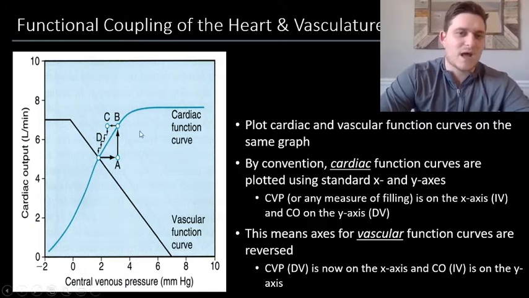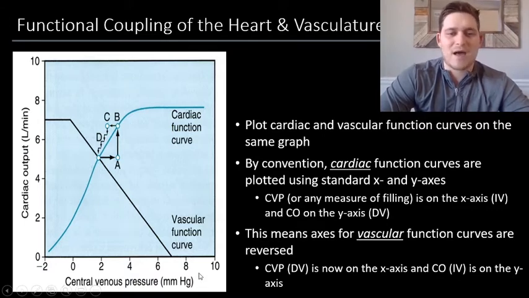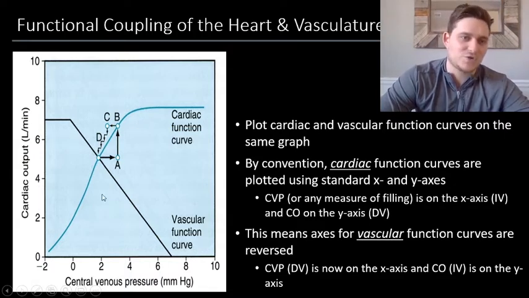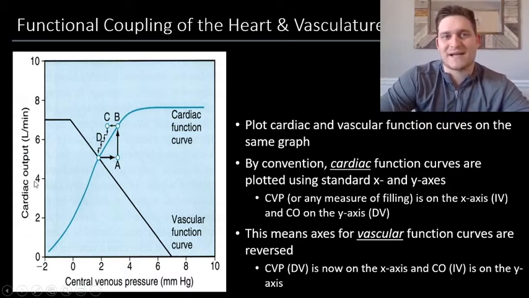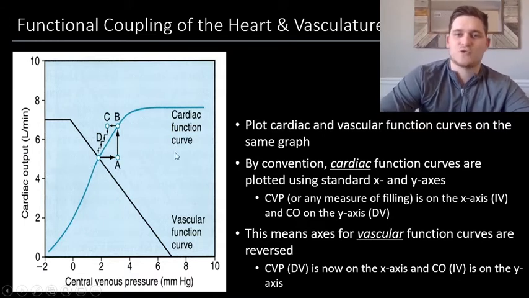And so we talked about the cardiac function curve, which is how central venous pressure impacts cardiac output. Ultimately, the amount of blood pressure within the vena cava in the right atrium is ultimately going to determine the stroke volume and then therefore the cardiac output produced by the heart. So that's plotted as our cardiac function curve.